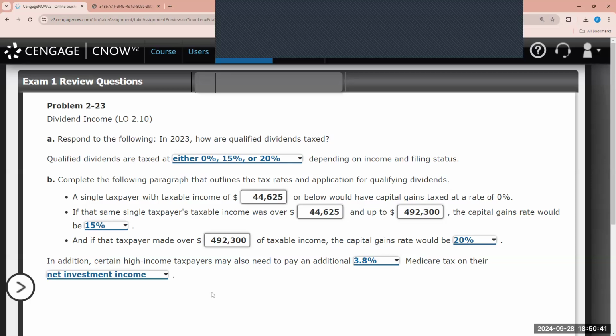All right, so this is a new thing that was essentially included in the tax law, where individuals, when they have certain income, so we call them HNW, high net worth clients, when they earn certain income, they also need to pay an additional 3.8% Medicare tax on their net investment income.